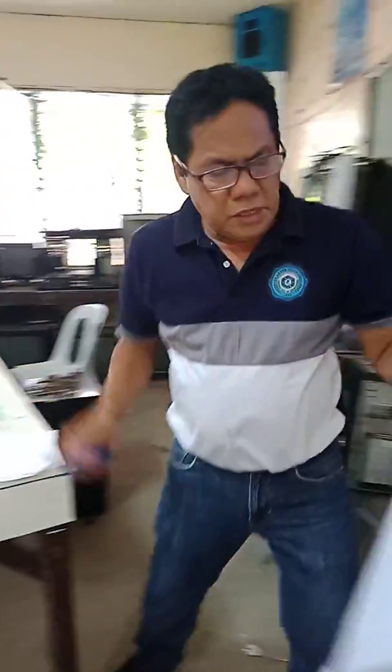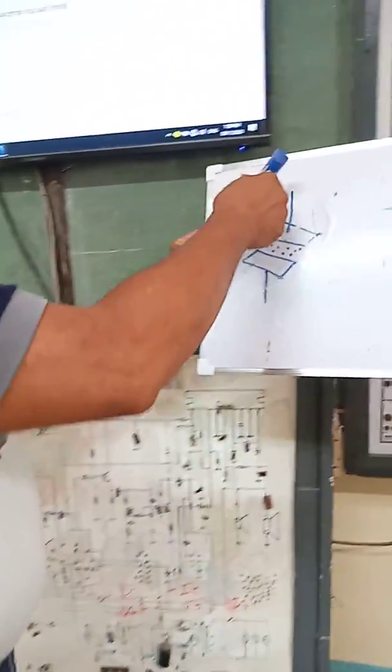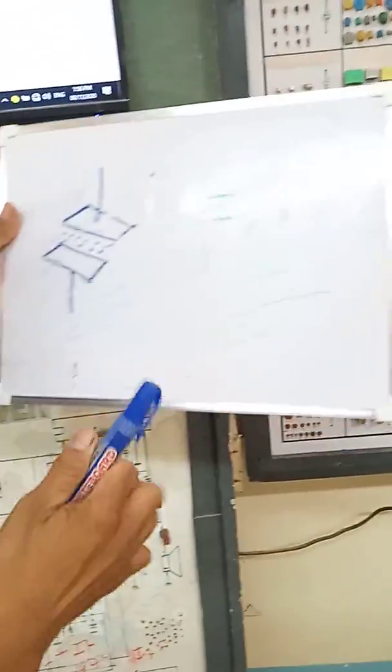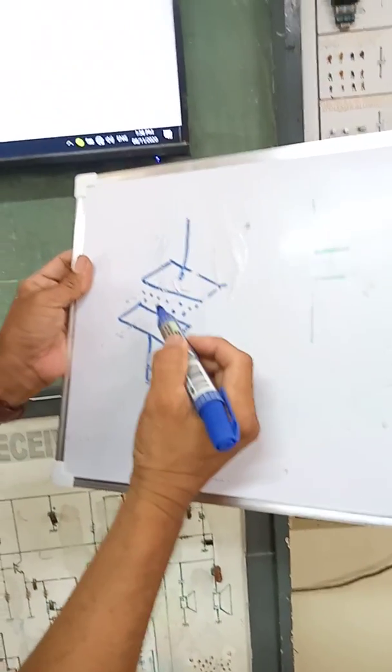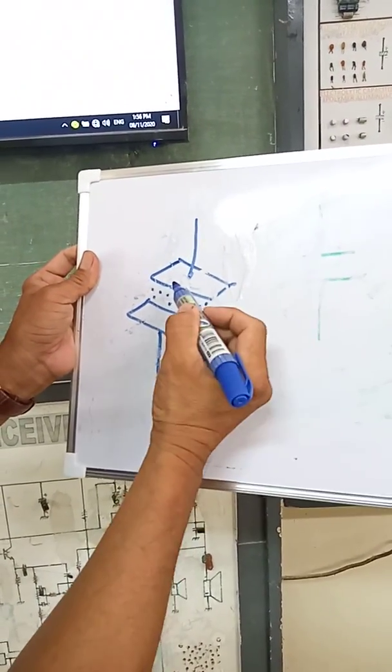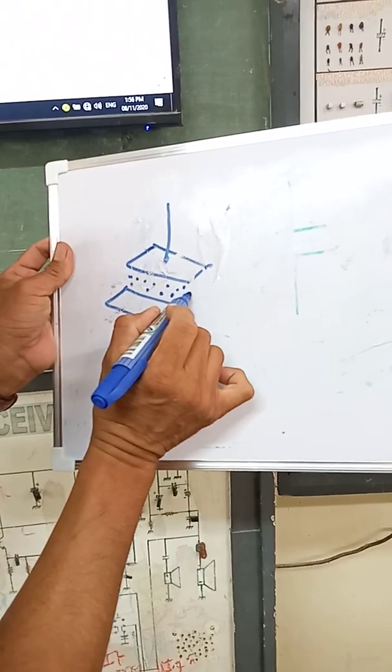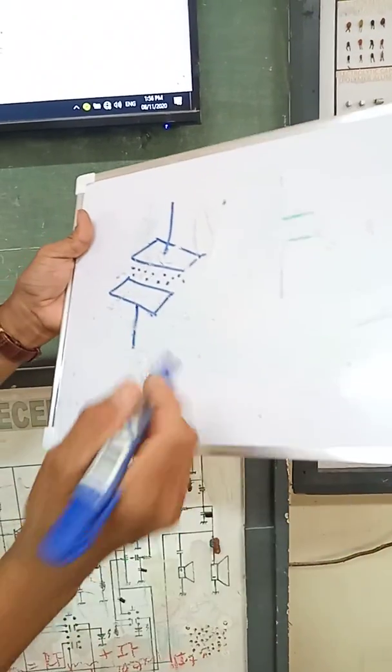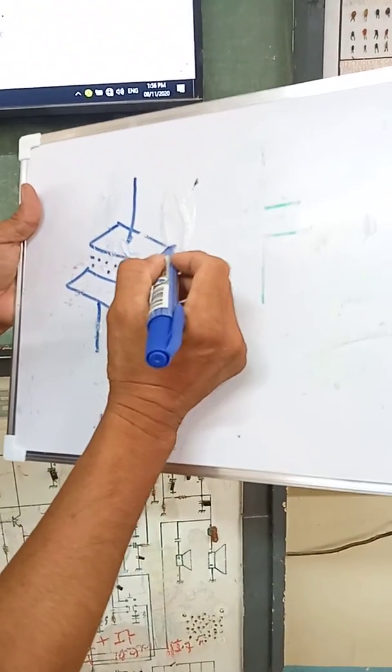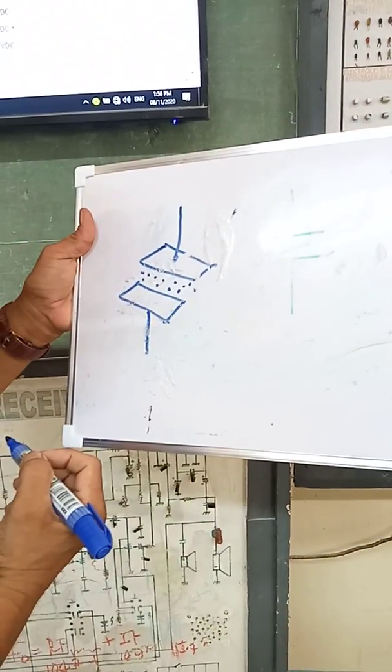So again, let us go back to the construction of this capacitor. It is said that a capacitor is constructed out of two conducting plates separated by insulator. So, how is the capacitance of this capacitor determined?